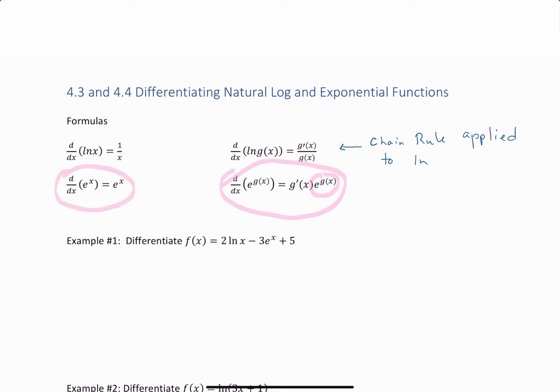However, we also have to multiply by the derivative of the exponent. And that again is because of the chain rule. So this one is the chain rule applied to the natural exponential function.